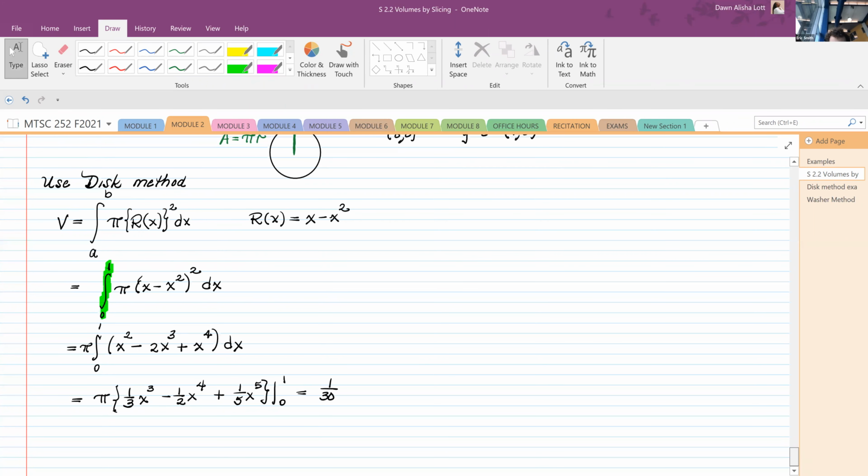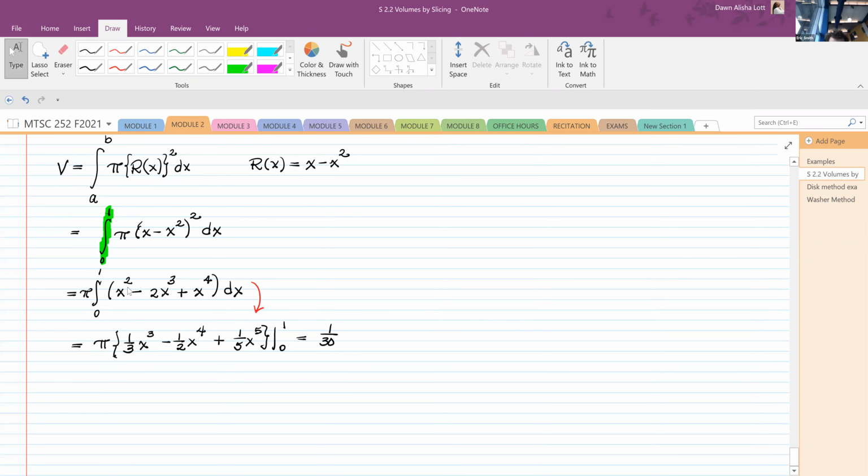I'm just wondering where you get the 1/3, 1/2, 1/5. I'm just curious how that was acquired. Okay, so you're talking about going from here to here. Is that what you mean? Yes. Okay, so I integrated x squared.